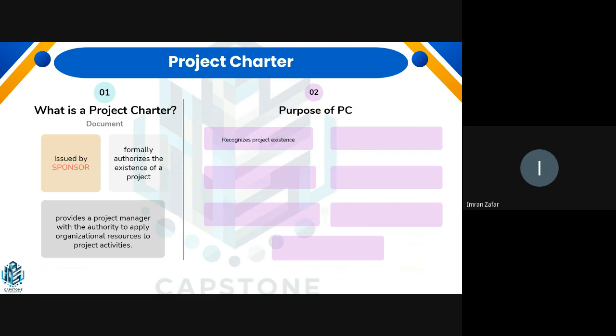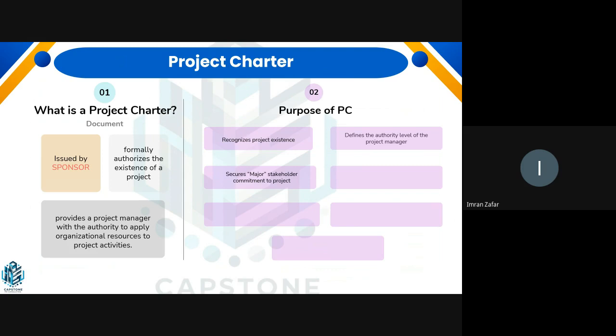As we discussed, there are certain purposes a project charter is for. It recognizes or tells everyone, okay, this project now exists, and it is going to deliver certain kinds of benefits. It tells about your authority as a project manager.